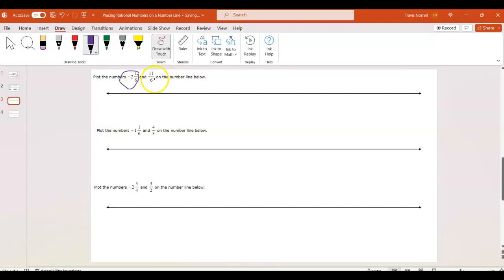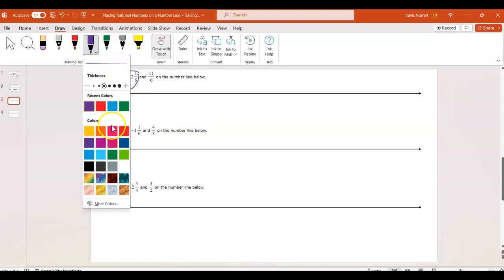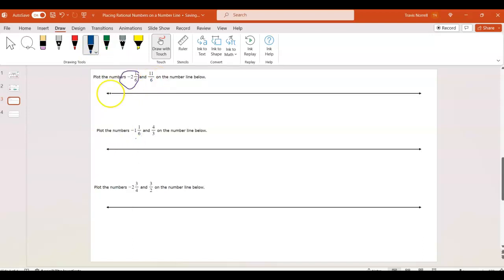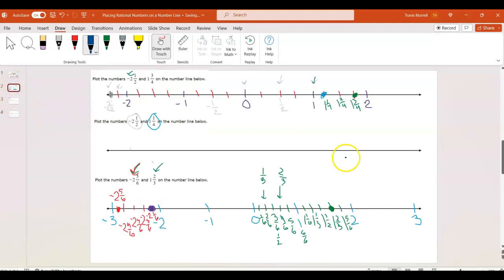But +11/6. Let's think about this one for a minute. Let's change this color to navy blue. 11/6. Let's think over here. We have 1/6, 2/6, 3/6, 4/6, 5/6, 6/6, 7/6, 8/6, 9/6.